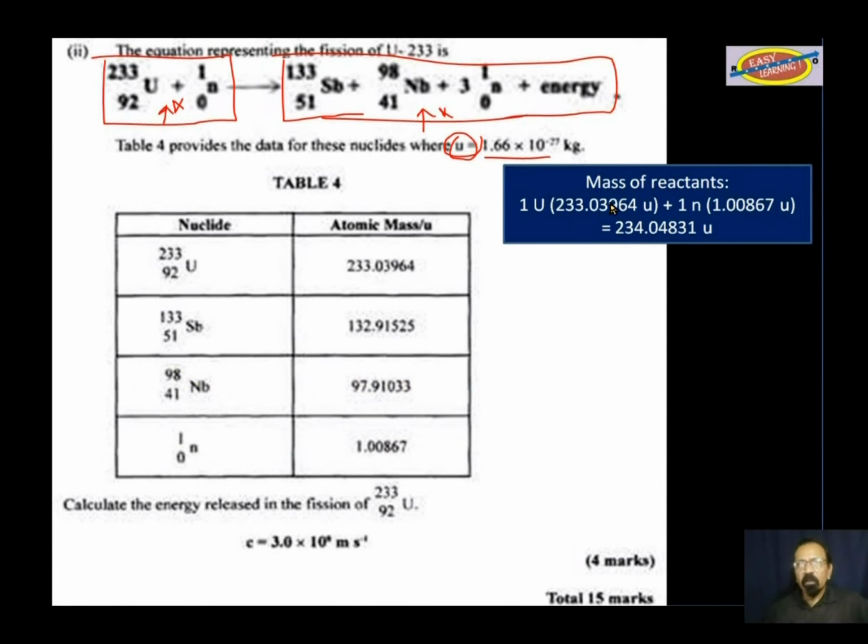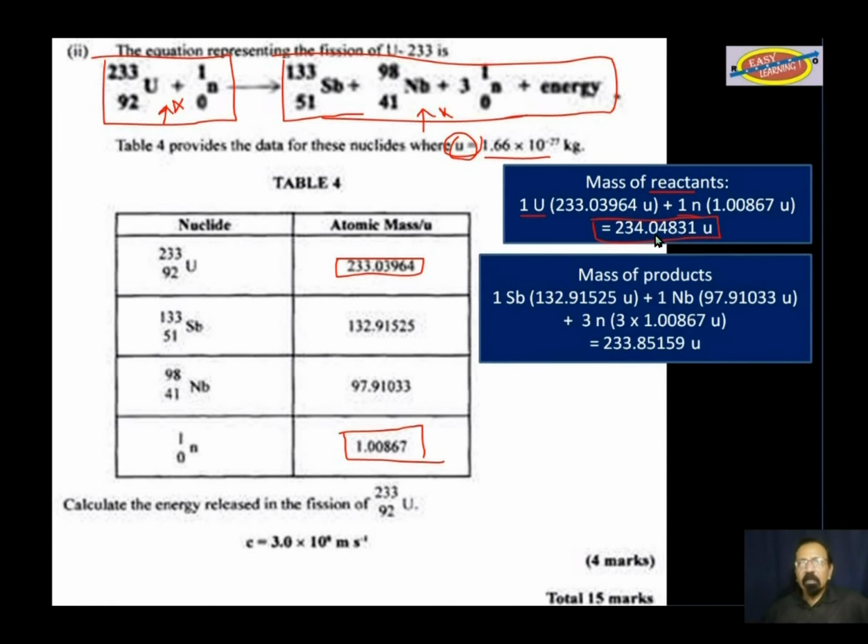First of all, the mass of the reactants. We have one uranium, which is this, and we have one neutron, which is that. We add them up and we get this mass. That's the mass of the reactants. Now we look at the mass of the products.